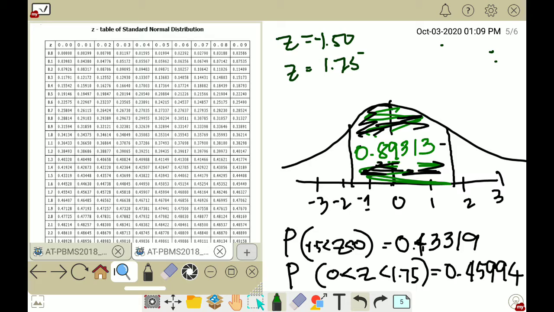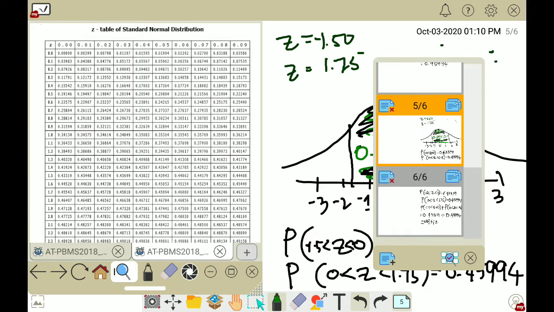So the first thing to remember on this one is to take note of the illustration. A good illustration will make you visualize if you're going to subtract or to add. So another note to remember, I'm going to write it down here.